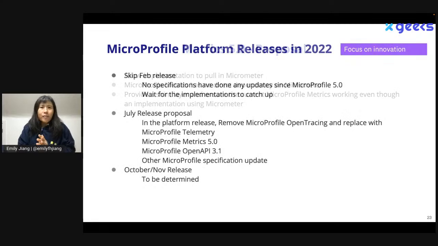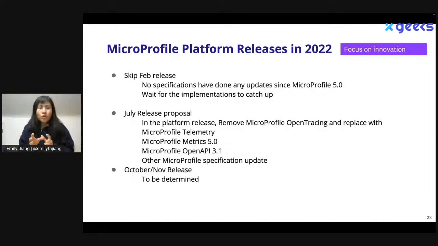In 2022, we are trying to do 3 releases. However, since we released 5.0 at the end of December, we skip the February release and go directly to the July release.